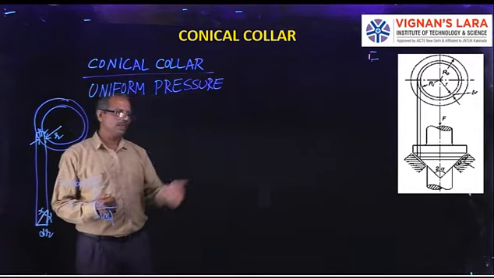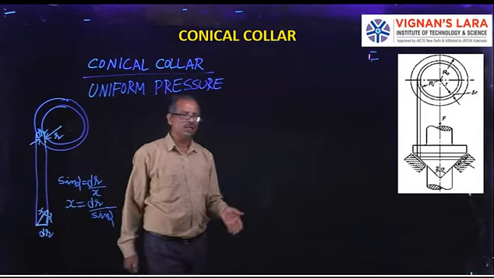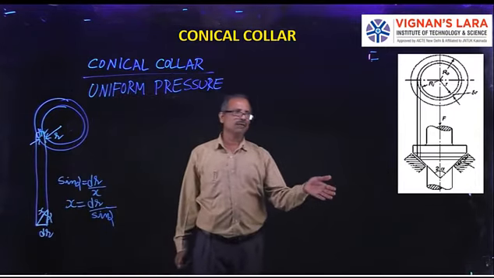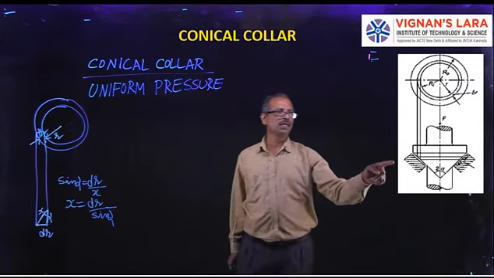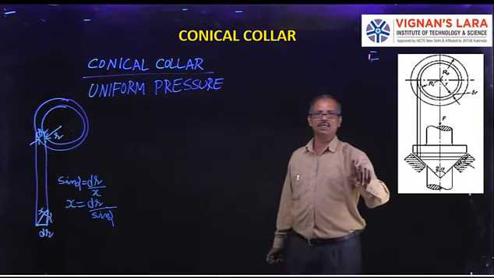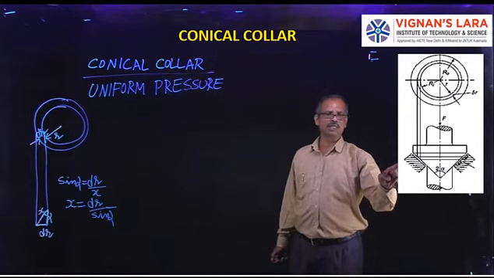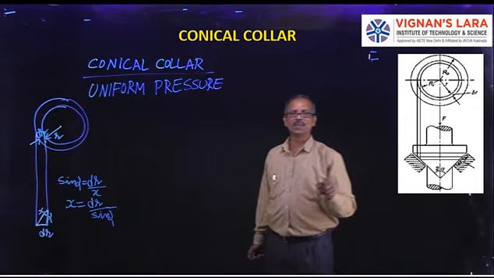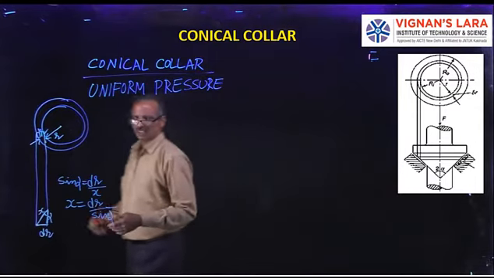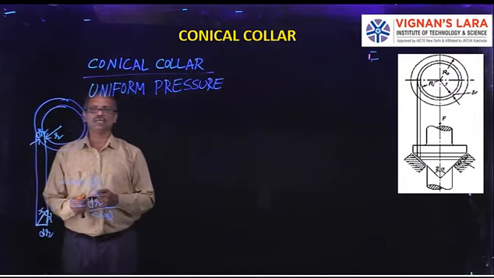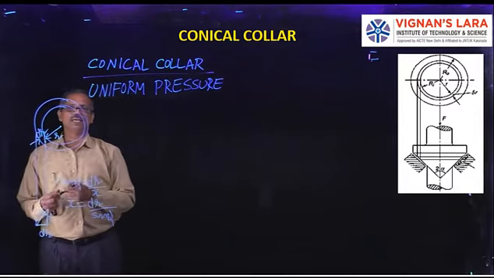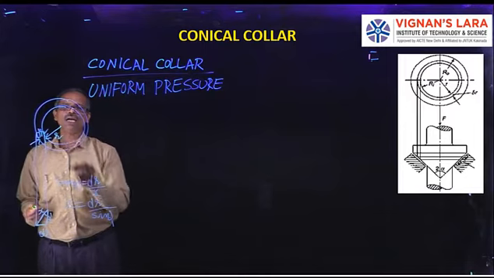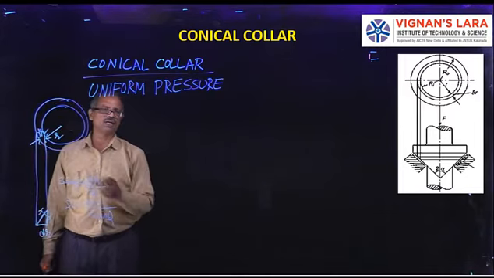You can see in the sketch the conical collar resting on an inclined wedge surface. Let me take a radius of r and a small element of dr.